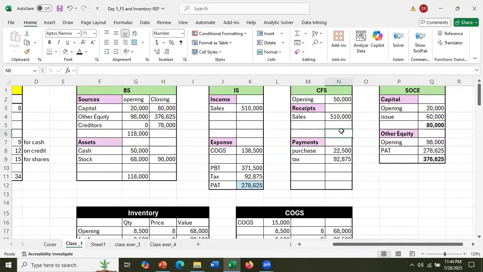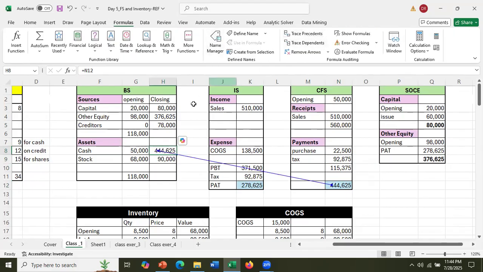Let us find cash in hand. Cash in hand is equal to cash available minus the cash expenses. So cash in hand is 444,000. Cash in hand is receipts minus payments. We can see that that's an asset transfer.